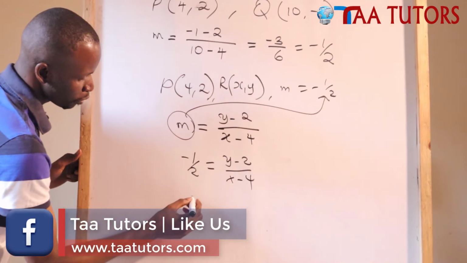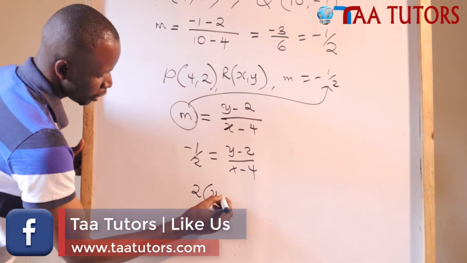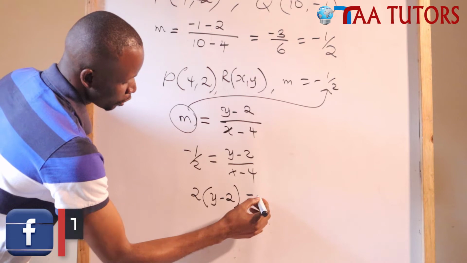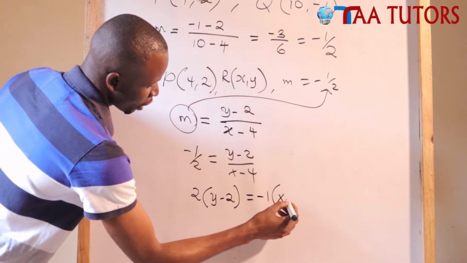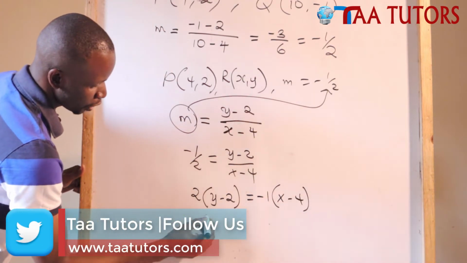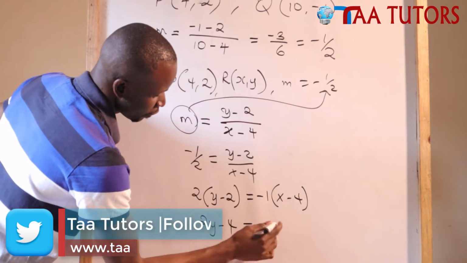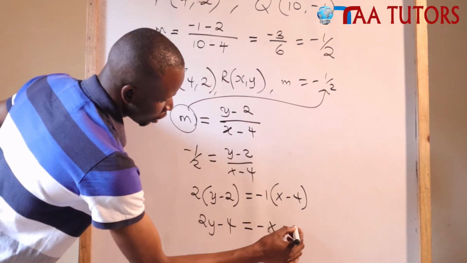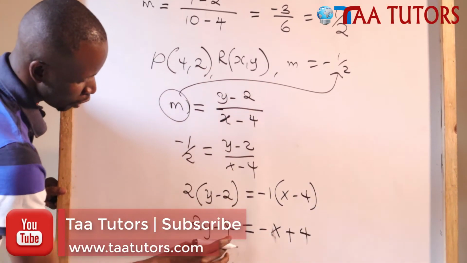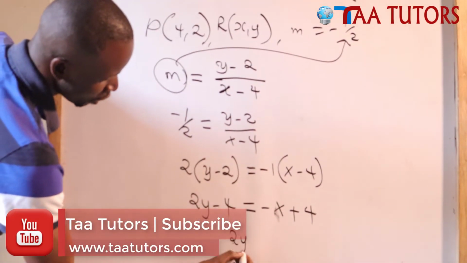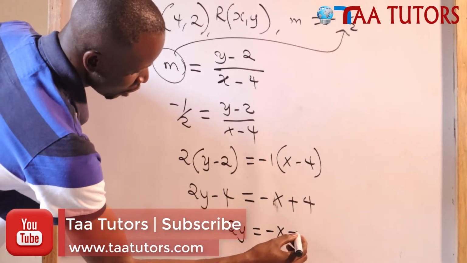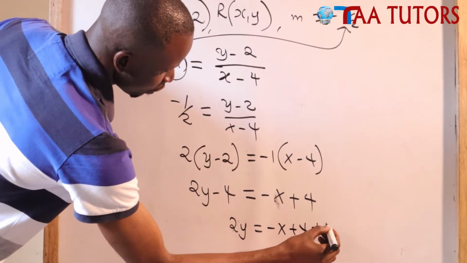I start by cross multiplying. I'll have 2 into y minus 2 equals negative 1 into x minus 4. This is 2y minus 4 equals negative x plus 4. So 2y equals negative x plus 4 plus 4.